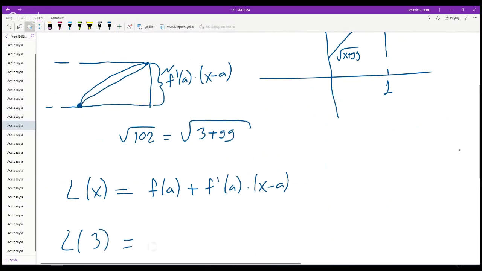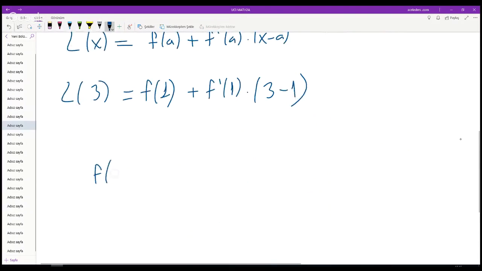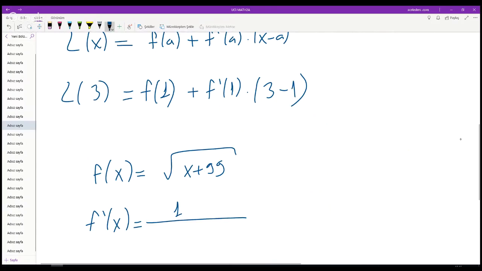The linearization when x is 3 equals f(1) plus f prime(1) times (3 minus 1). So let's remember that f(x) equals square root of x plus 99, f prime(x) equals 1 over 2 square root of x plus 99, right?